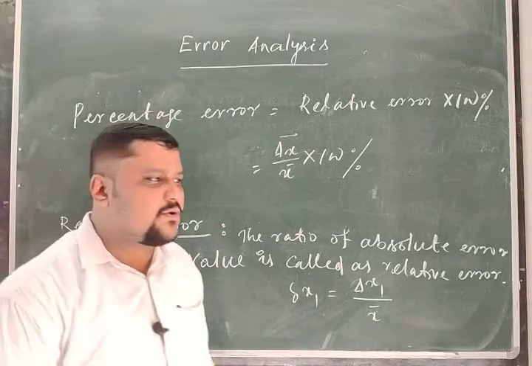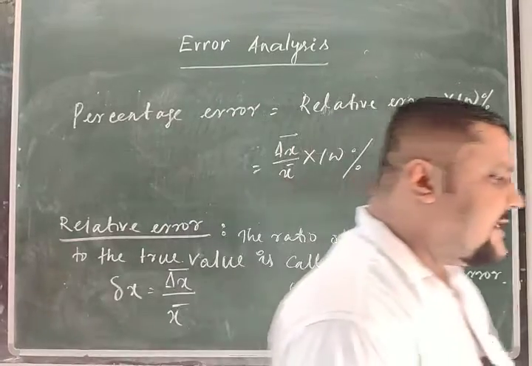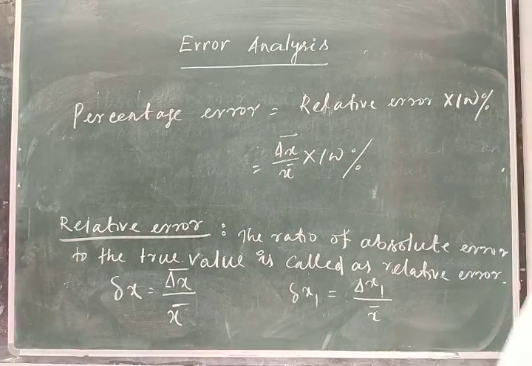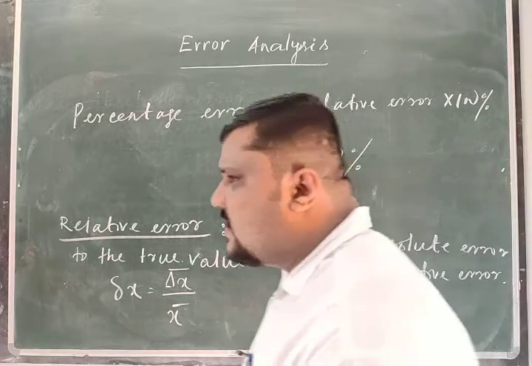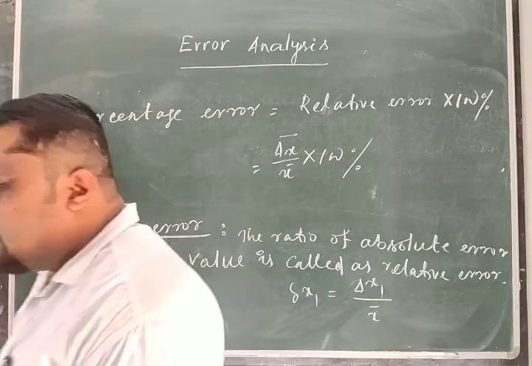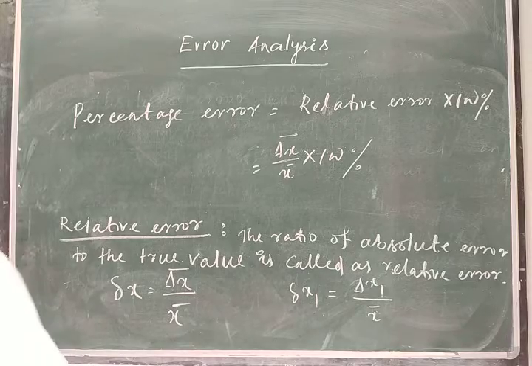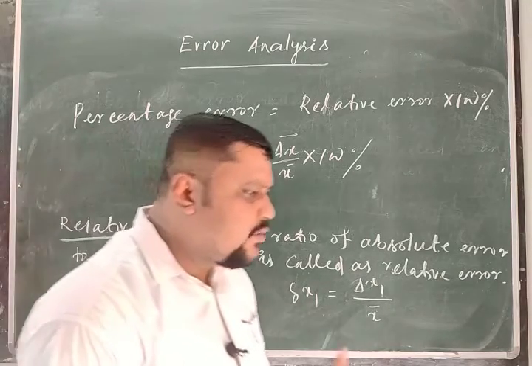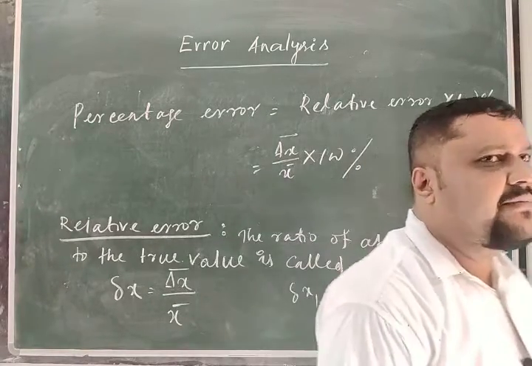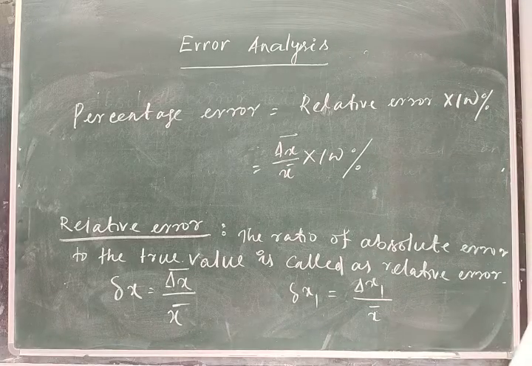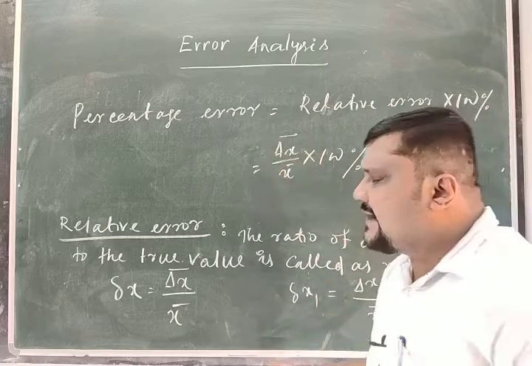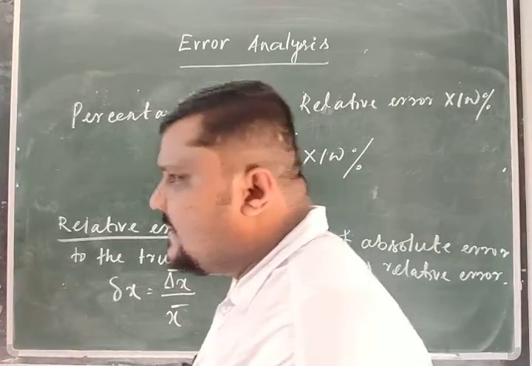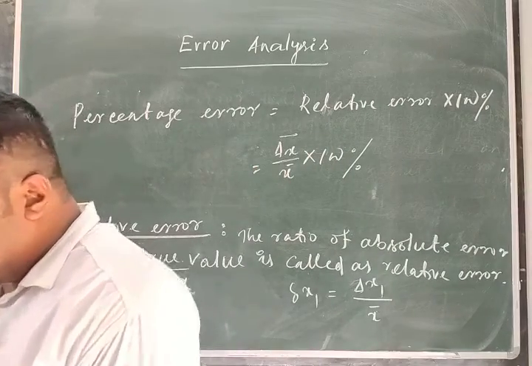If we rectify these known causes of error, then I can minimize the error. But in the random error, I got this error because of unknown causes. Then I have to use the true value. To get the true value, I will always take the mean value. Once I take the mean value, I know the true value, then I will calculate the different types of error from that one.